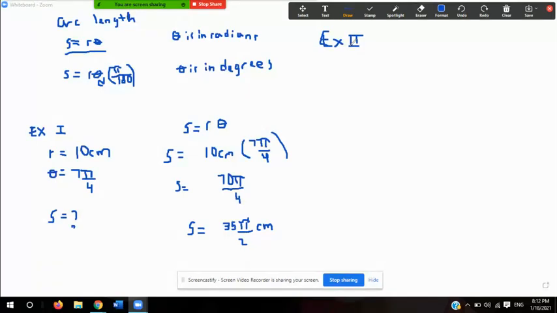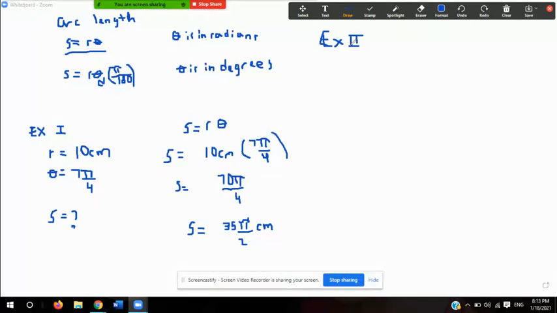Example number 2 says, in a circle with a radius of 7.5 centimeters, an arc is intercepted by a central angle with 76 degrees. Find the arc. Approximate the arc length to the nearest centimeter.